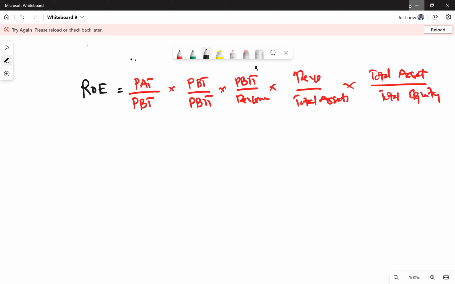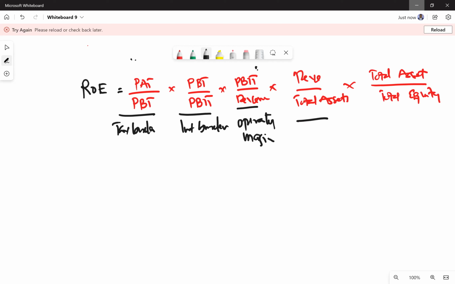So your return on equity is made up of tax burden, interest burden, operating margin, turnover, and then leverage. Good.